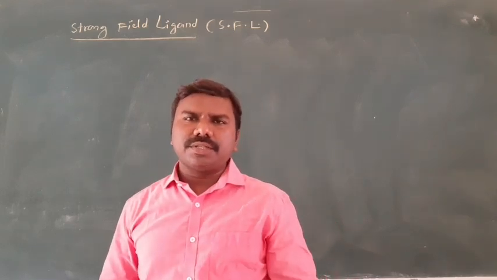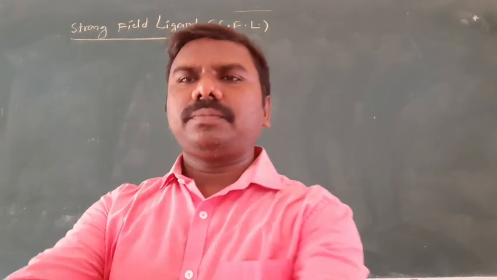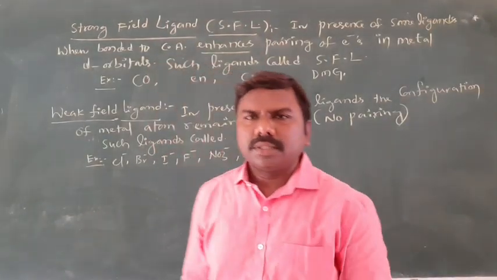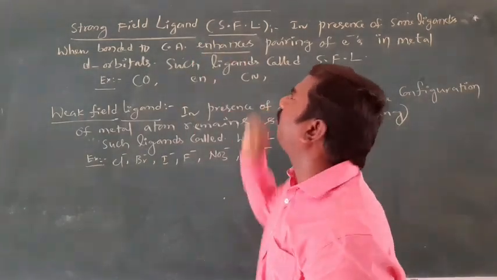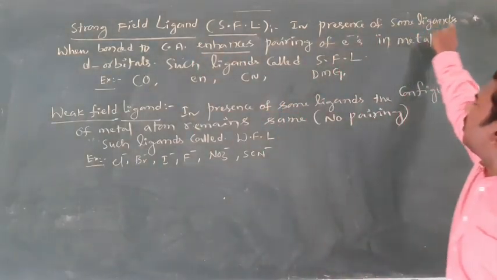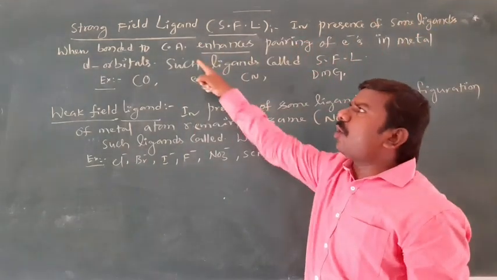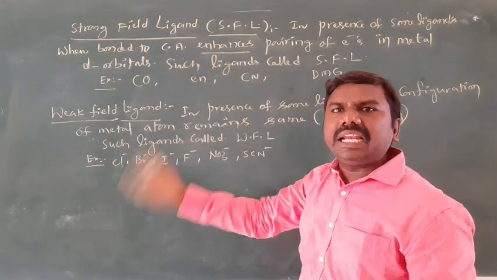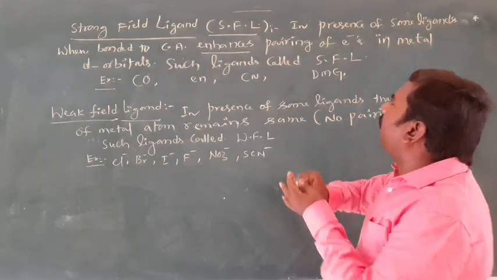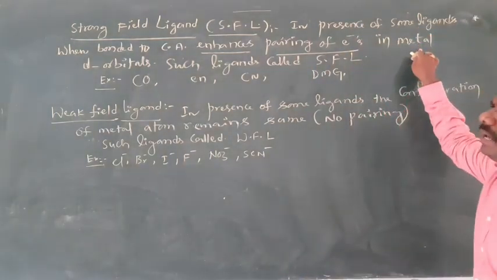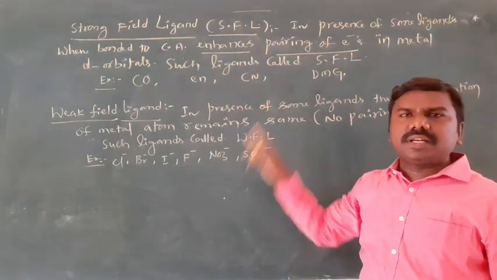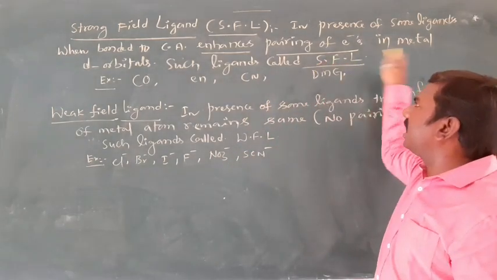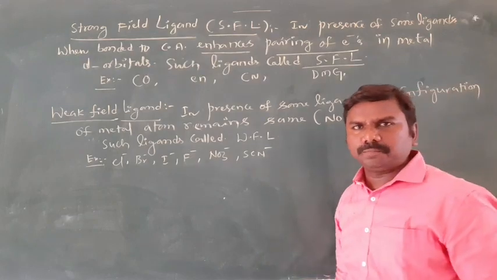We'll write definitions one by one now. Okay, students. Definitions. Strong field ligand. In presence of some ligands, when bonded to the central atom, it enhances, nothing but increases, pairing of electrons in metal d orbitals. Such ligands are called strong field ligands, indicated as SFL.